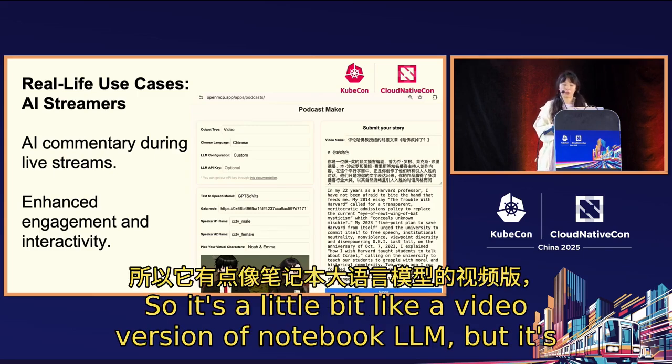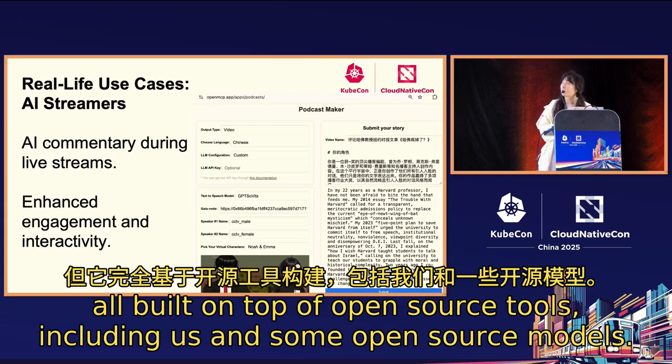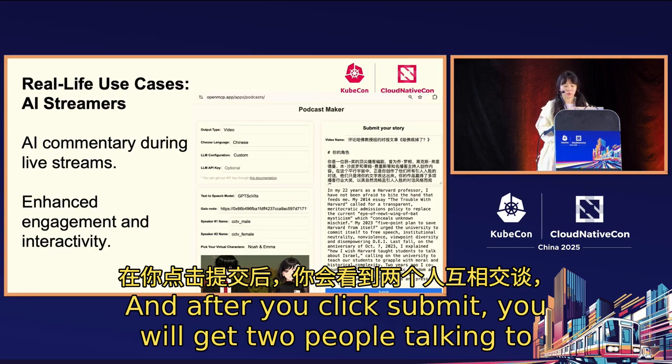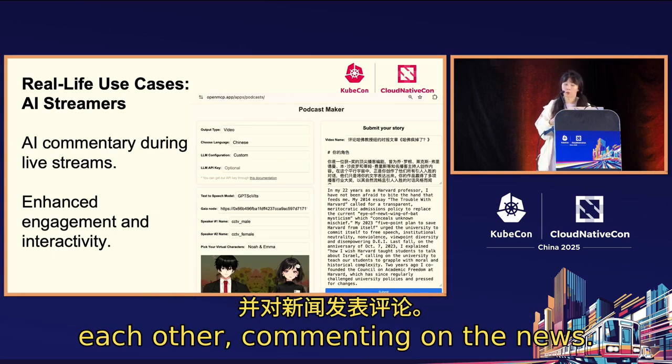So it's a little bit like a video version of Notebook LM. It's all built on top of open source tools, including us and some open source models. After you click submit, you will get two people talking to each other, commenting on the news.